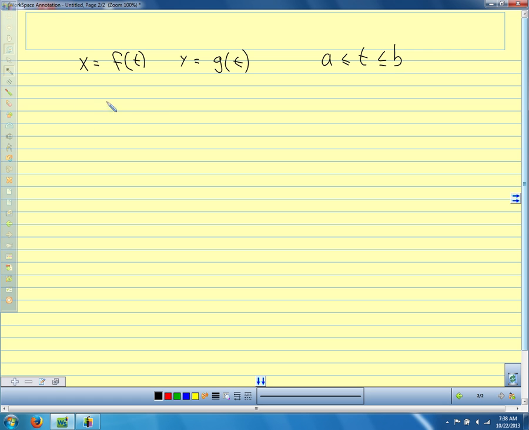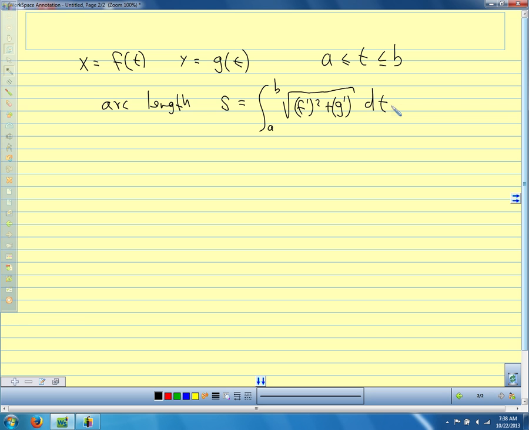So our arc length s was the integral from a to b of the square root of f prime squared plus g prime squared dt.